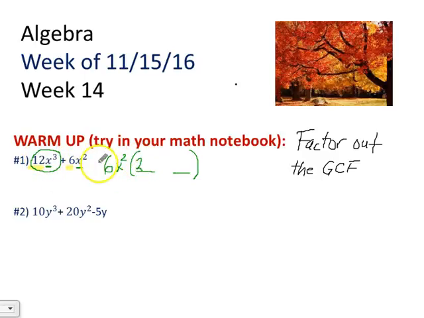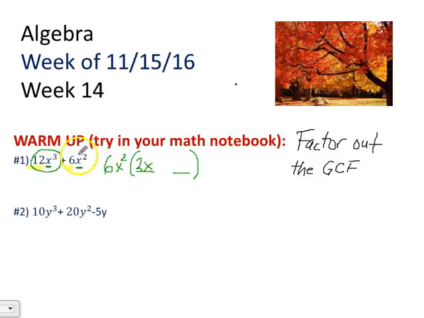Now we need to figure out what times x squared will give us x cubed. That's just going to be x, because remember, x is like saying x to the first power. We just don't have to put that 1 in there. And remember, when you multiply variables, you add the exponents, so it would be 2 plus 1, which is 3.